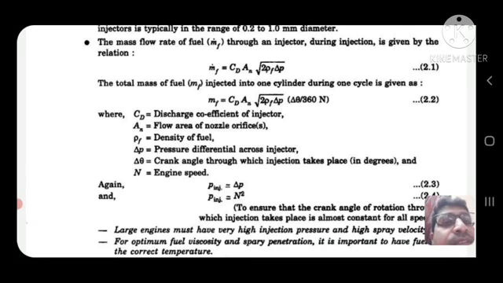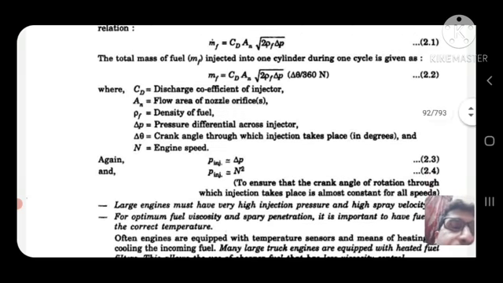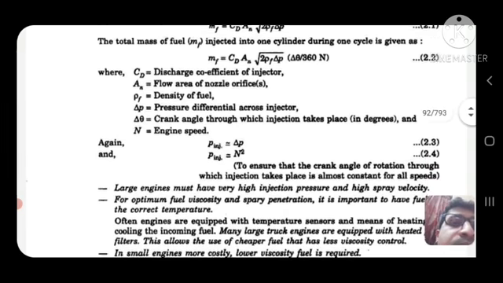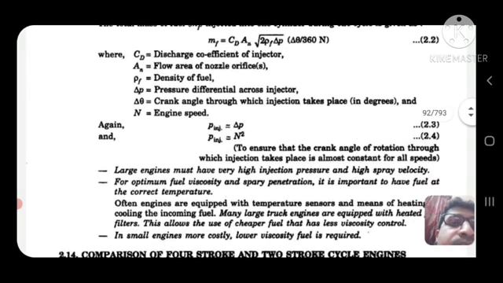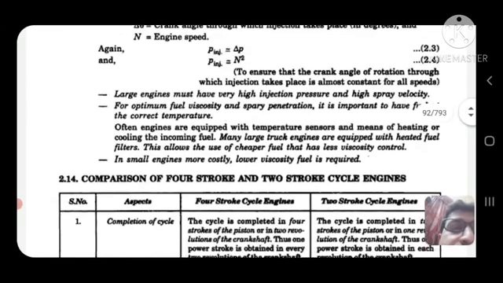The total mass of fuel injected into one cylinder during one cycle is given by m_f equal to C_D A_n root over 2 rho_f delta p, times the injection duration. C_D is the discharge coefficient of the injector, A_n is the flow area of the nozzle orifice, rho_f is the density of fuel, delta p is the pressure differential across the injector, and N is the engine speed.